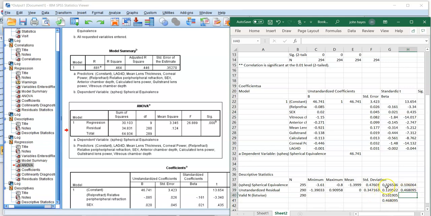So you can either get to the proportion by going through the residual or going through this other path. And the bottom line is the r squared is the proportion of variance in spherical equivalence that is accounted for by our regression model. Okay, I hope if you think about that you understand a little better the nature of r squared.